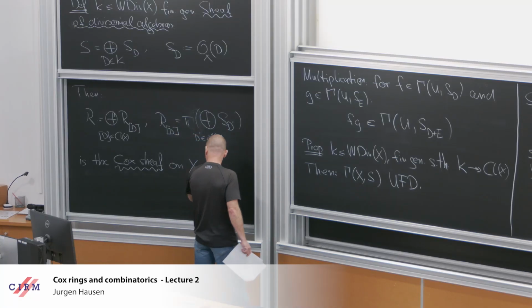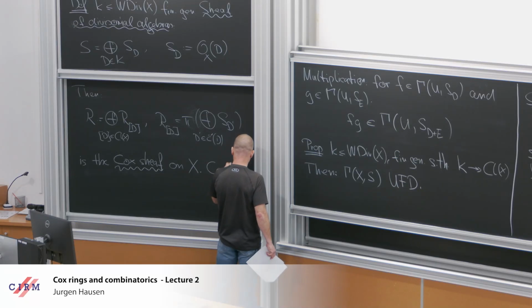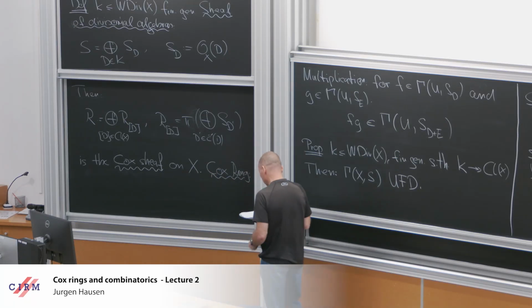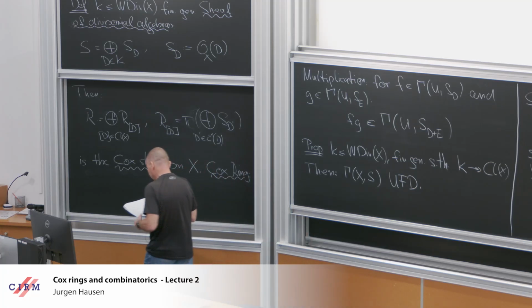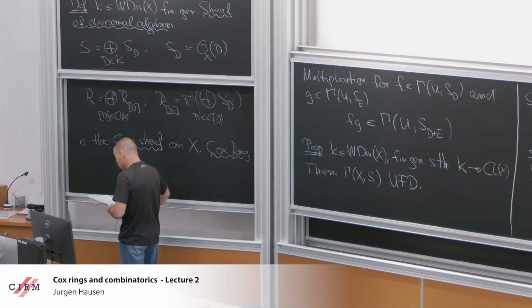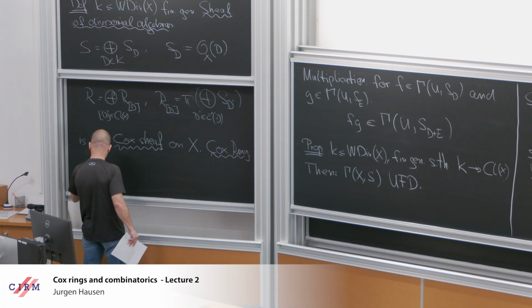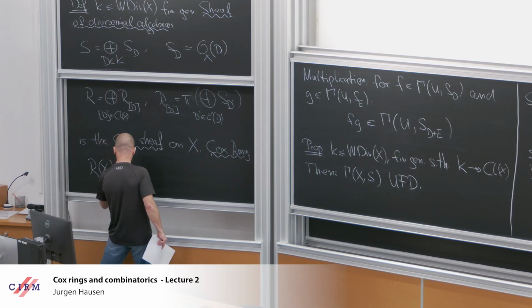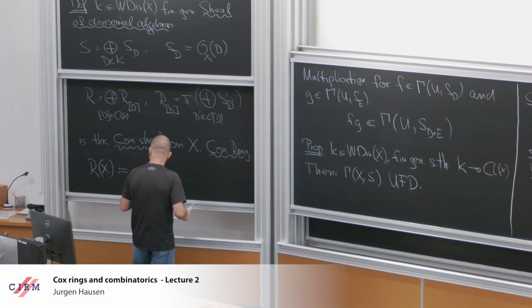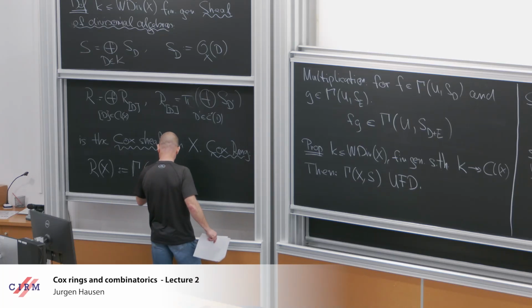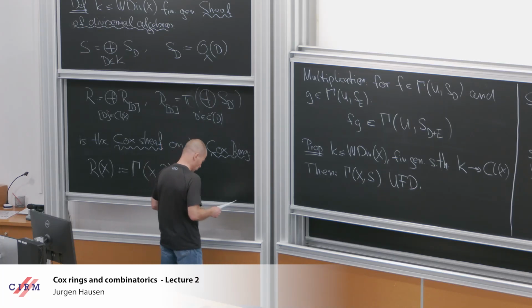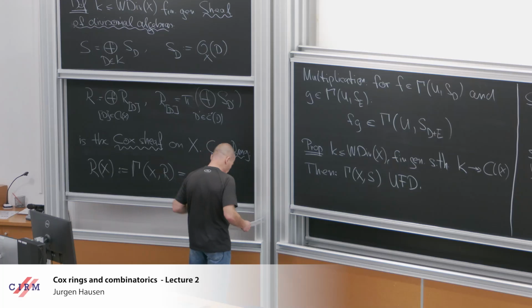And the Cox ring. The Cox ring is just the ring of global sections. And of course, this is also graded.